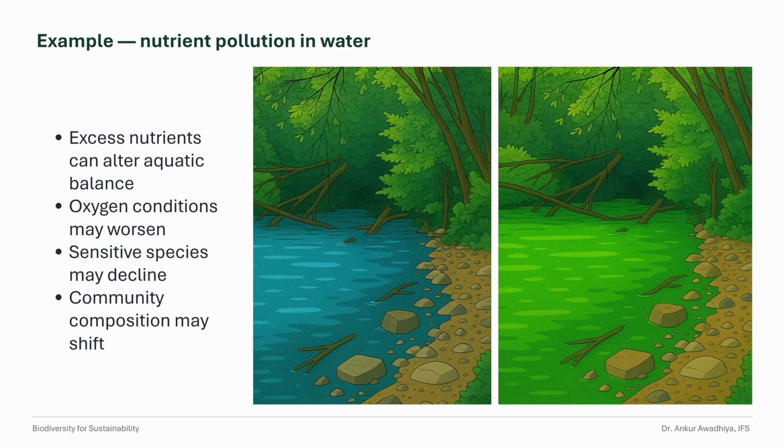Sensitive species, including many invertebrates and fish, may then decline. More tolerant organisms may become dominant, shifting community composition. Even though the water body is physically present, its biodiversity may be substantially reduced and its ecological processes significantly changed.